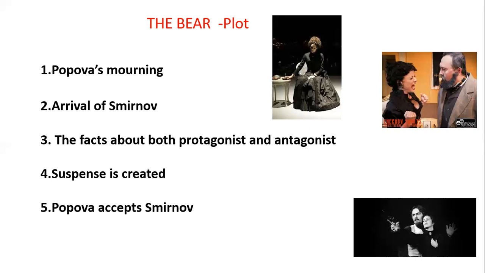And the resolution. So the last part of the play, it is believable and logical. Popova accepts Smirnov as a would-be husband. And Smirnov does not have a family of his own, we know that. And she is also a lonely woman, her husband has died. They are of the same class.